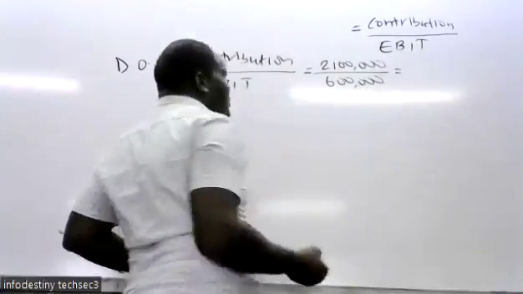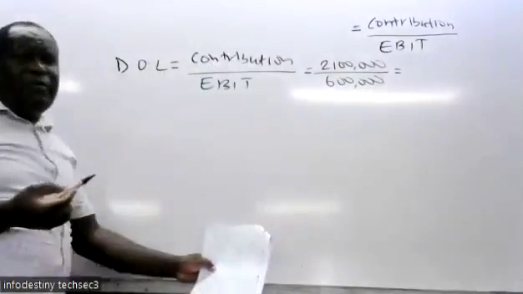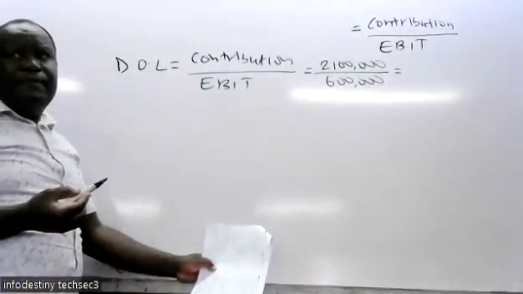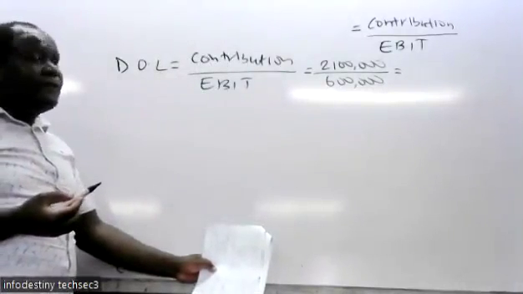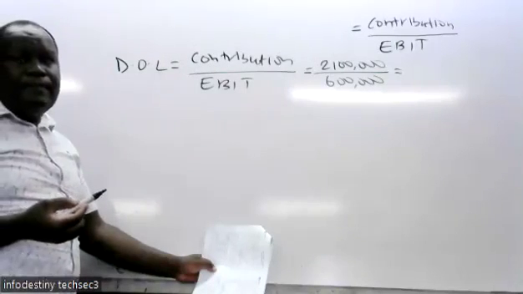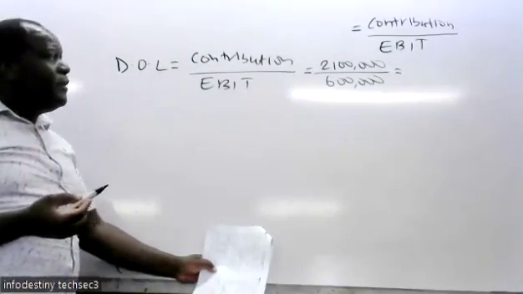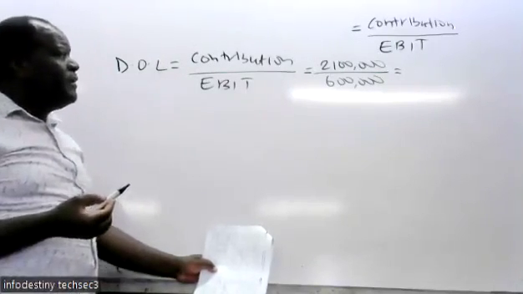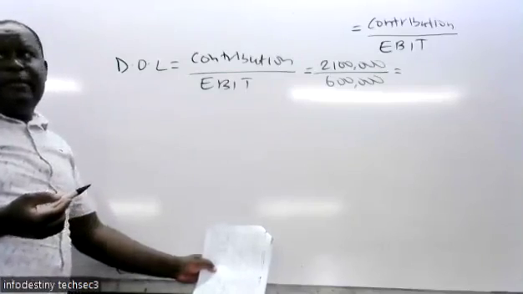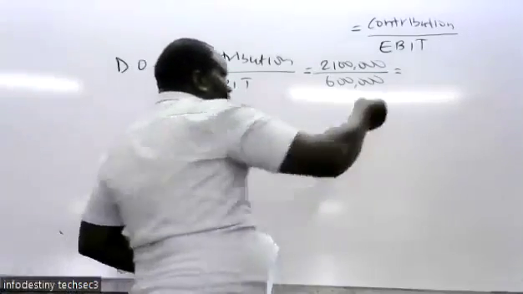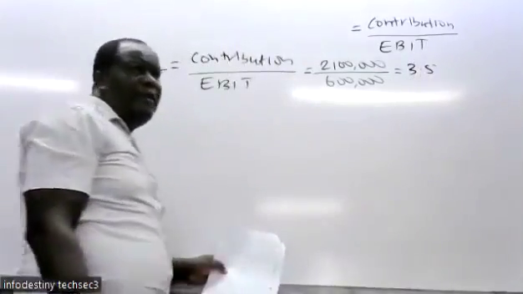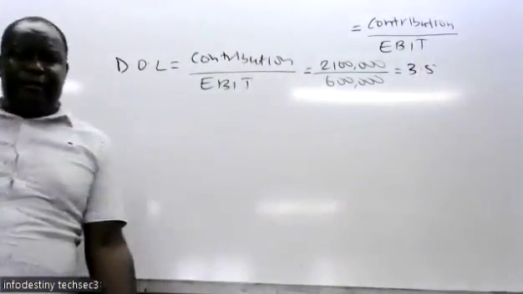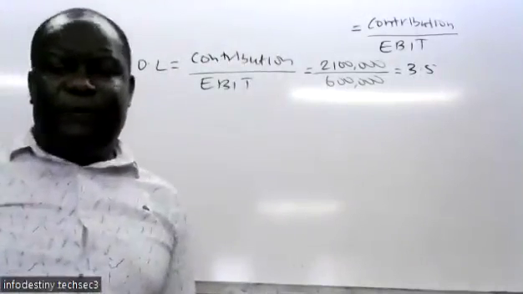So when you compute, 1.2 million divided by 600 gives you 3.5.